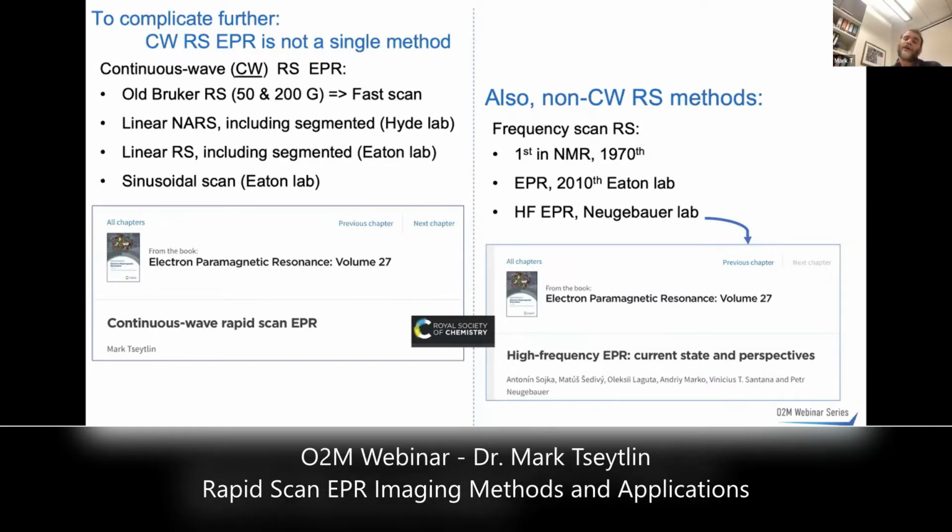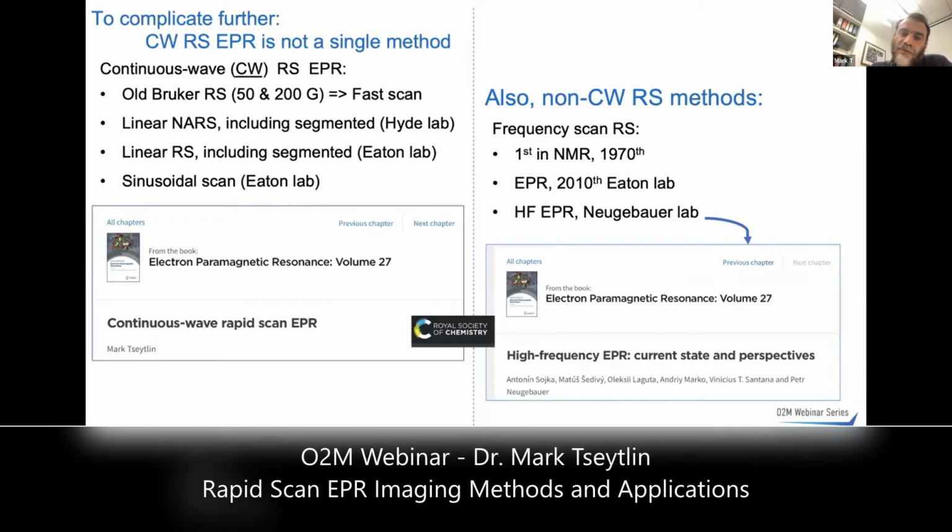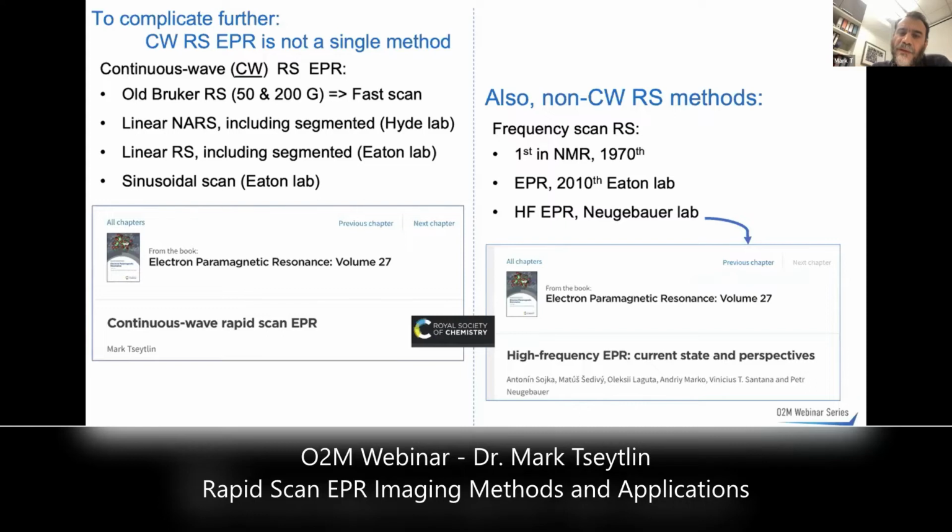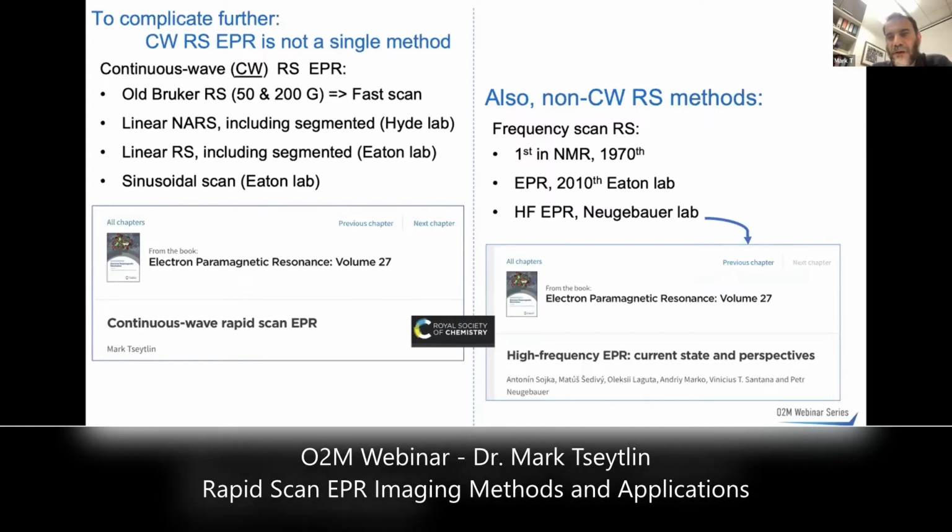But there are also non-CW rapid scan methods, like the one developed here in Brno, frequency scan rapid scan. It all started in NMR, then in the Eaton lab we demonstrated the first EPR rapid scan with a deconvolution procedure, and now people in this lab are developing frequency sweep rapid scan.